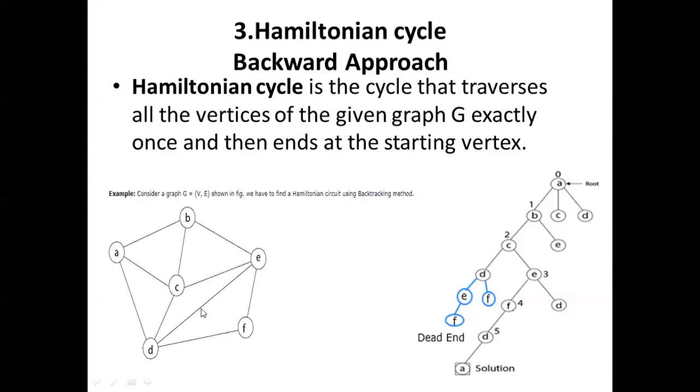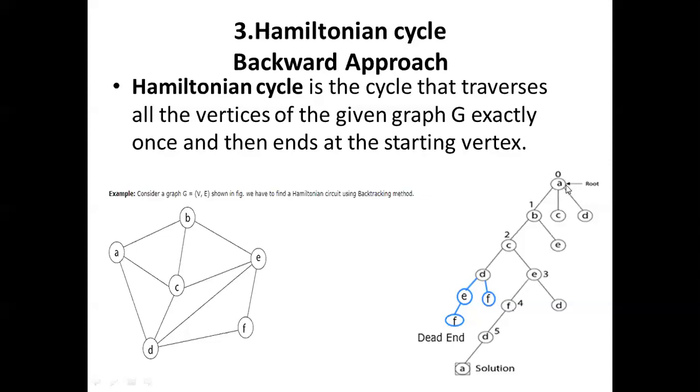Now I will explain how to draw this graph for the state space tree. Already I told in the previous lecture also, while drawing this we will call it a state space tree. First, which vertex? I already told, we can take A. That A is here.